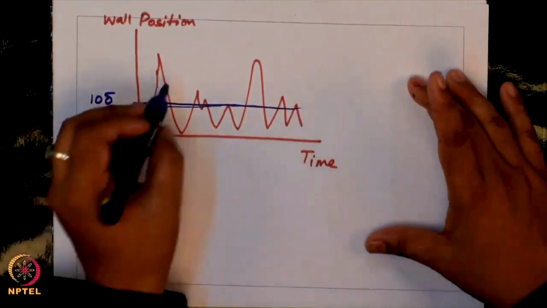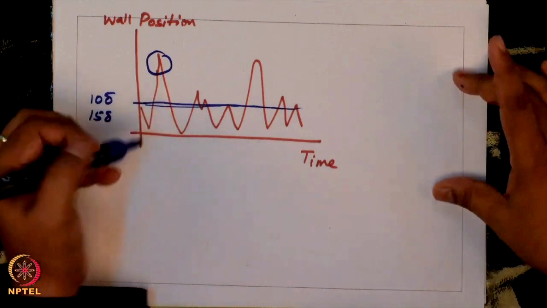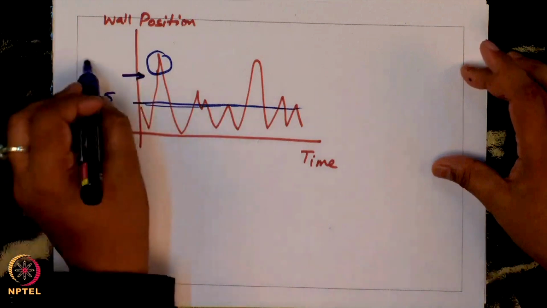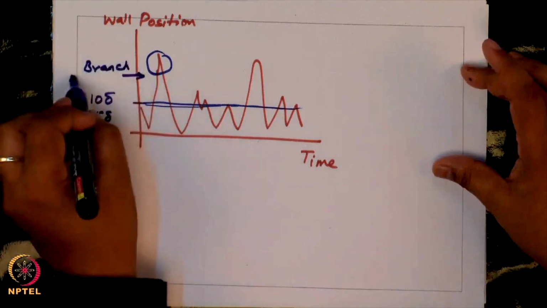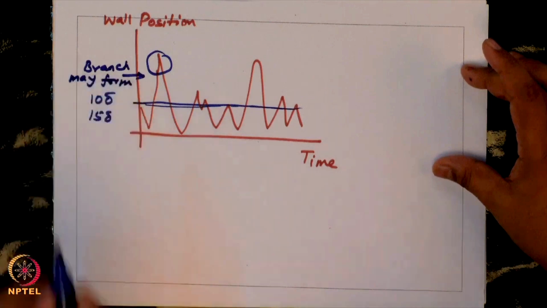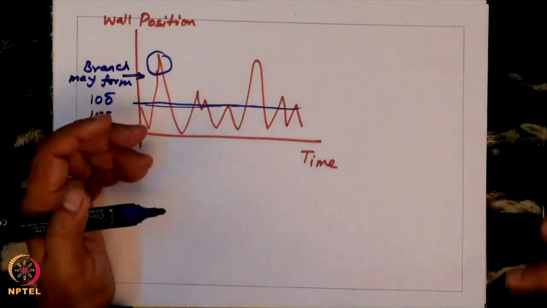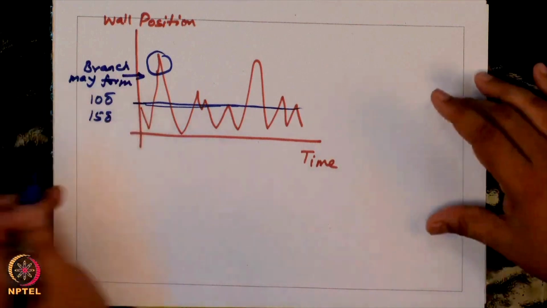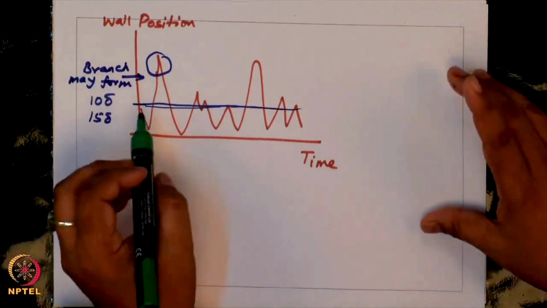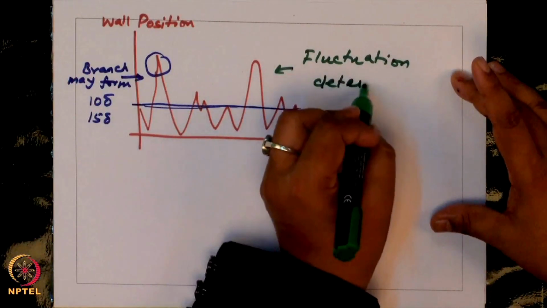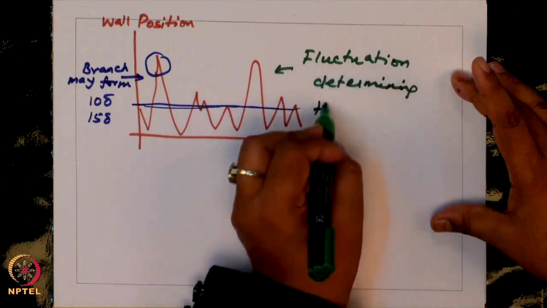So, every time the wall position gets pushed beyond the branching distance, there is a new branching event. A branch will form or may form, because you have a finite probability. And once a branch is formed, the stall force will increase, because now there are two filaments which push against the wall. So, if you were to completely suppress this fluctuation dependent phenomenon... this is an example of fluctuation determining the stall force.